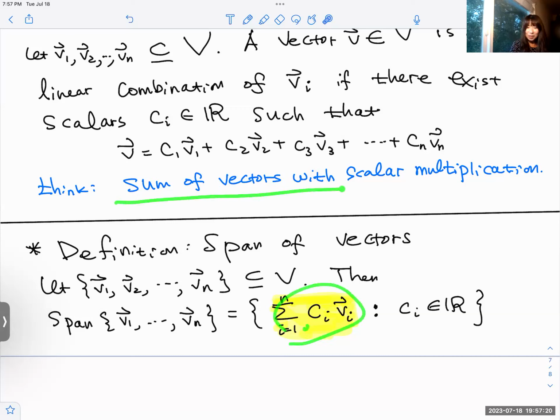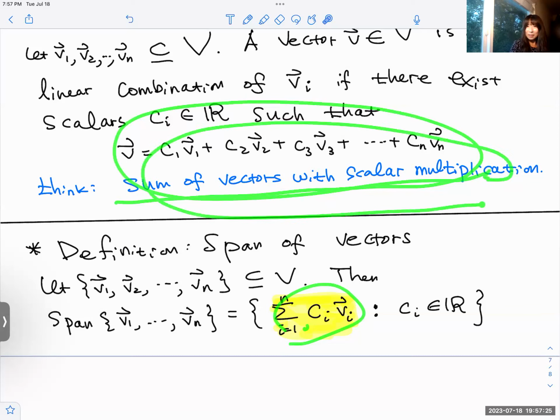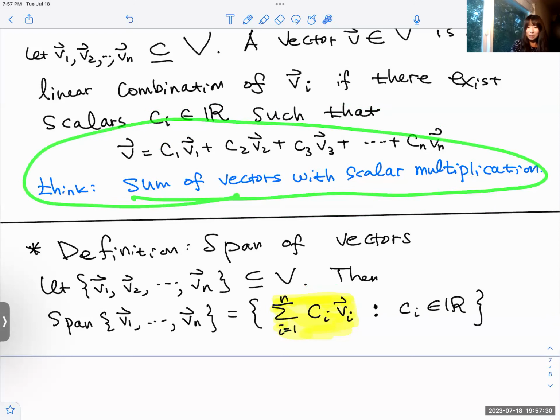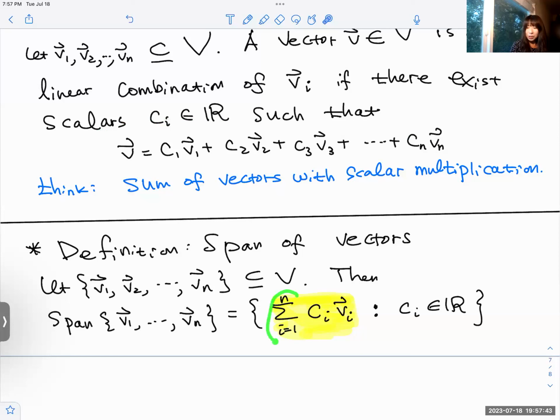Yeah, this is the same as this one, isn't it? Can you see that? This is the same as that. It depends on how many vectors there are, right? But this is exactly until n, right? Yeah, they're using just summation. This is expanded.